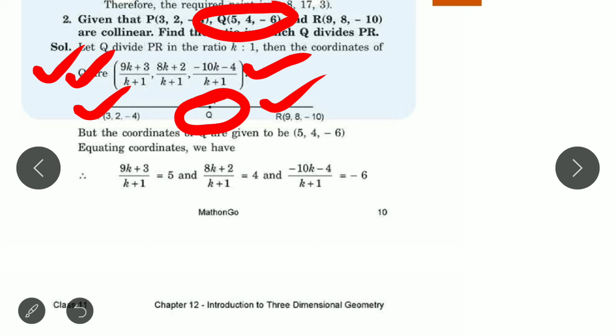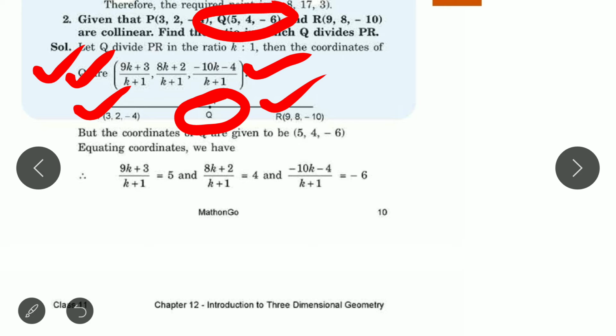So, now we equate the x coordinate, y coordinate and z coordinate. When we equate, the first equation that we get is (9k+3)/(k+1) = 5. And the other two equations are as follows.